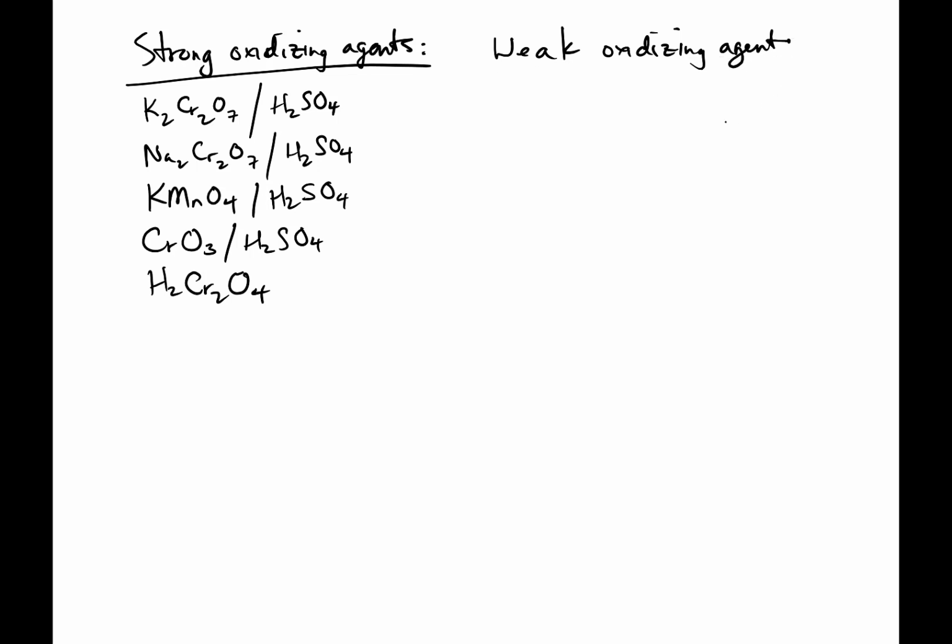There are fewer weak ones than strong ones, but I'll just use the one that is typically used in this context, PCC. This is called pyridinium chlorochromate. You don't necessarily have to know what the acronym means. PCC is fine if you recognize that, okay?